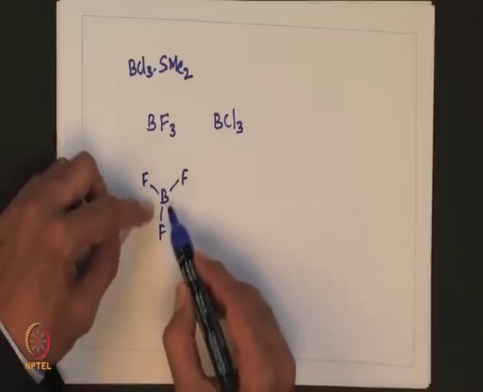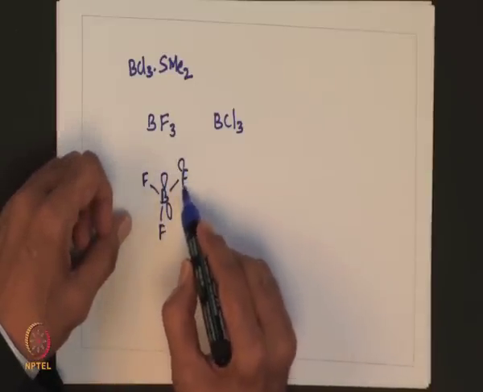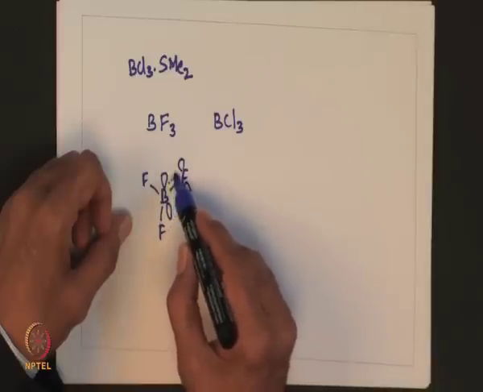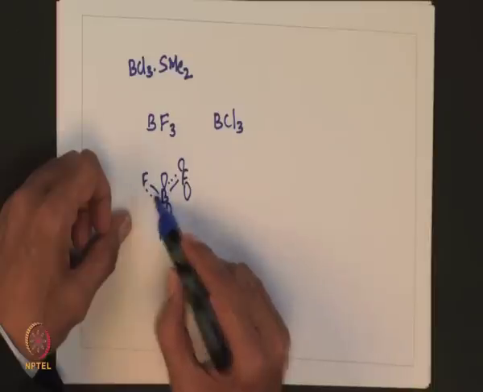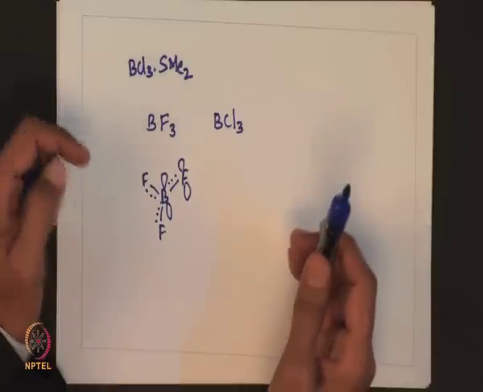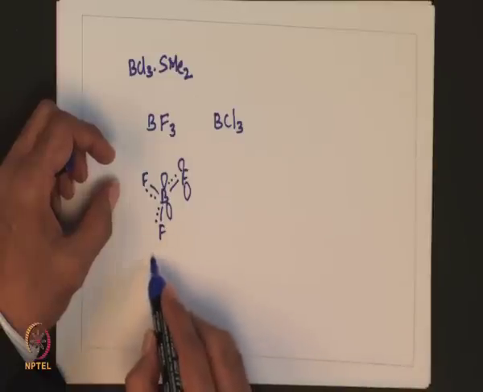This one can interact with filled p orbitals of F. As a result, there can be some multiple bonding interaction, and this removes to an extent the electron deficiency of boron, making it less Lewis acidic in nature.